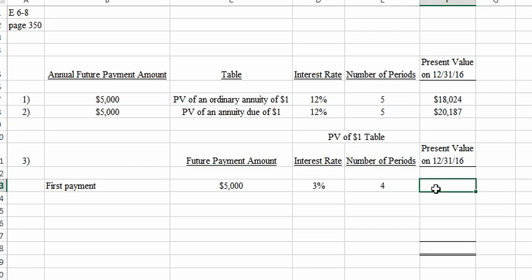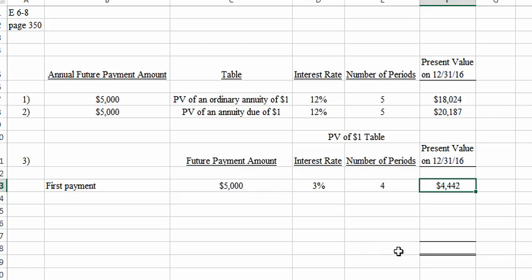Again, that's in the back of our textbook in the Appendix P. Present value of $1 table is on P-2. Okay, we're coming over to 3% and down to 4 periods. 0.88849 times our 5,000.